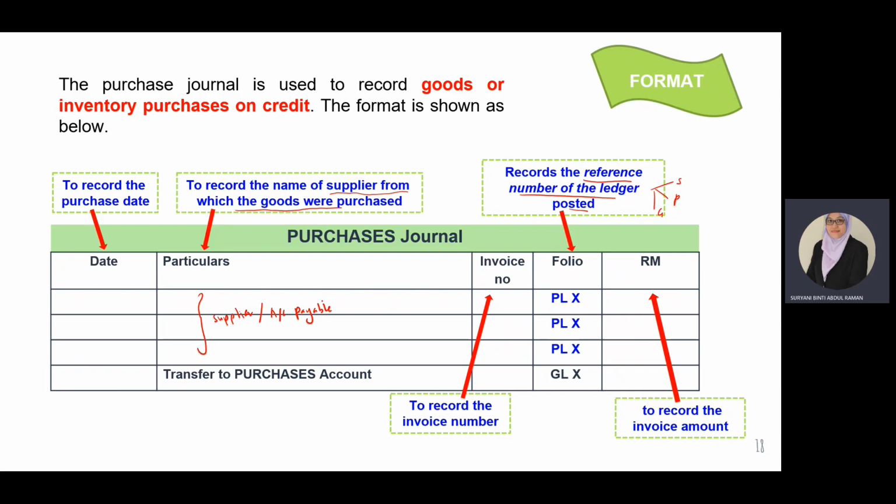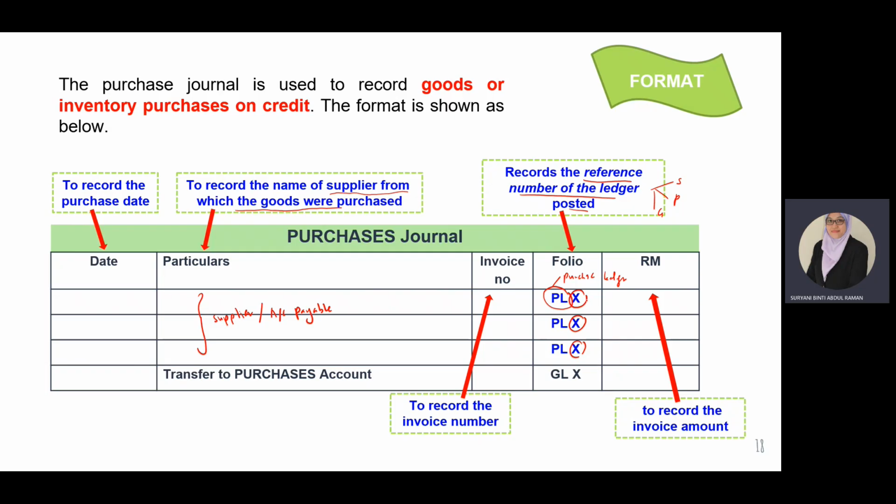So in this case, accounts payable is recorded in purchase ledger. So the code of reference that we use starts with PL. PL stands for what? Purchase ledger.